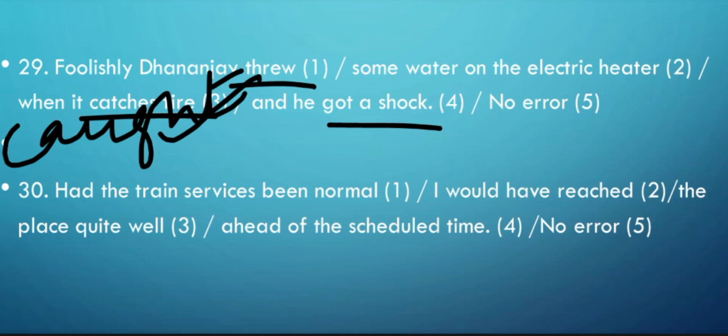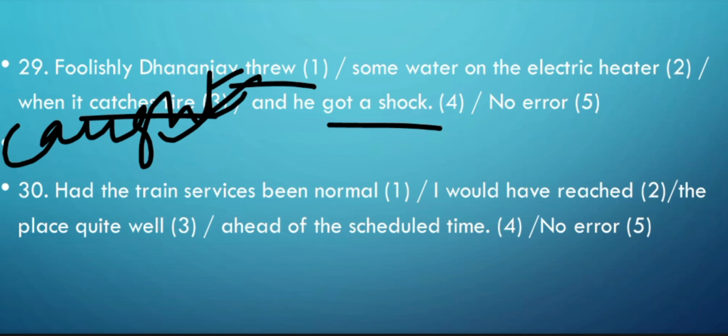Now the last question of this series. Had the train services been normal, I would have reached the place quite well ahead of the scheduled time. Had the train services been normal?